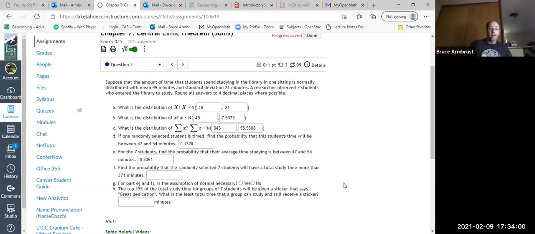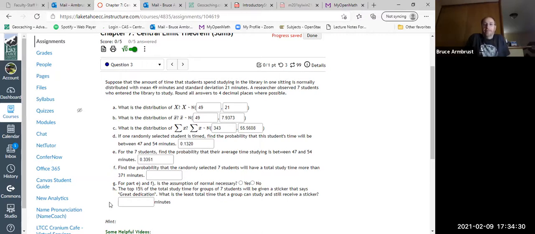Okay. So for part E and F, is the assumption of normal necessary? I'm going to say, yeah, since we're only looking at 7 students, that's not a very large group. But let's look at part H, because now part H is a little bit different. It says the top 15% of the total study time for groups of 7 students will be given a sticker that says, "Great dedication."